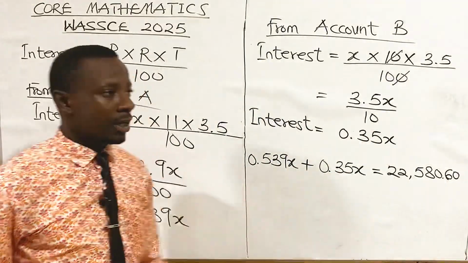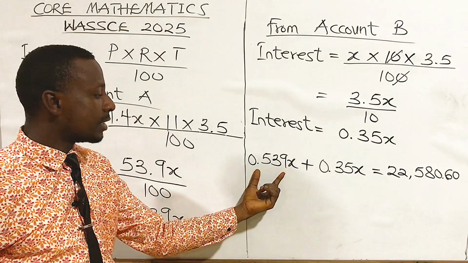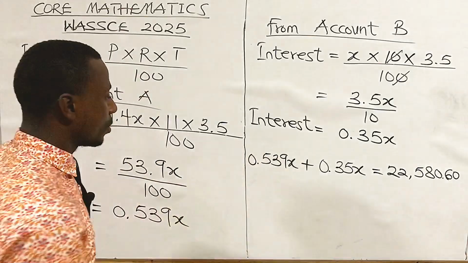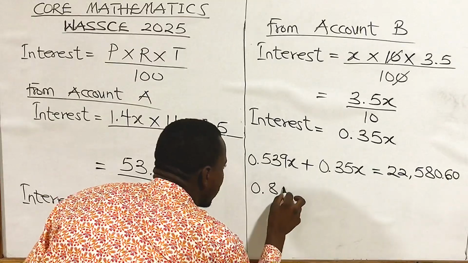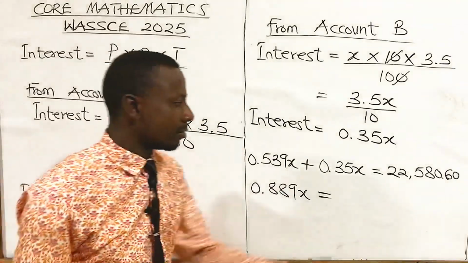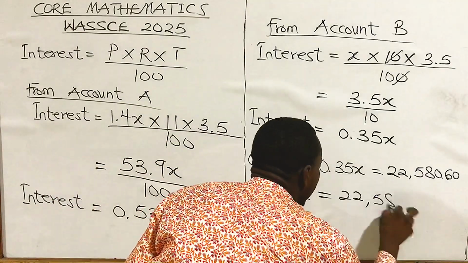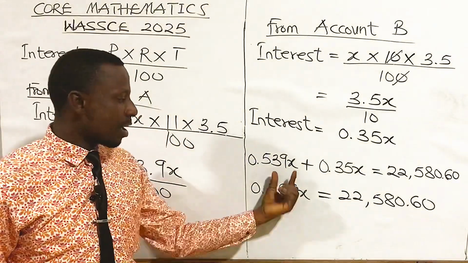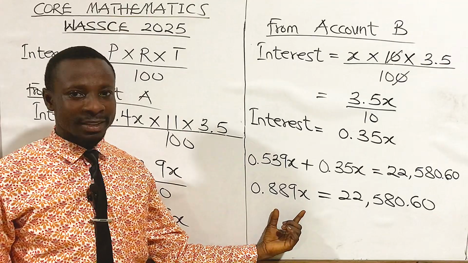Now we add 0.539 plus 0.35, and we get 0.889x, which is equal to 22,580.60. I hope after adding these two, you had the same answer as mine.